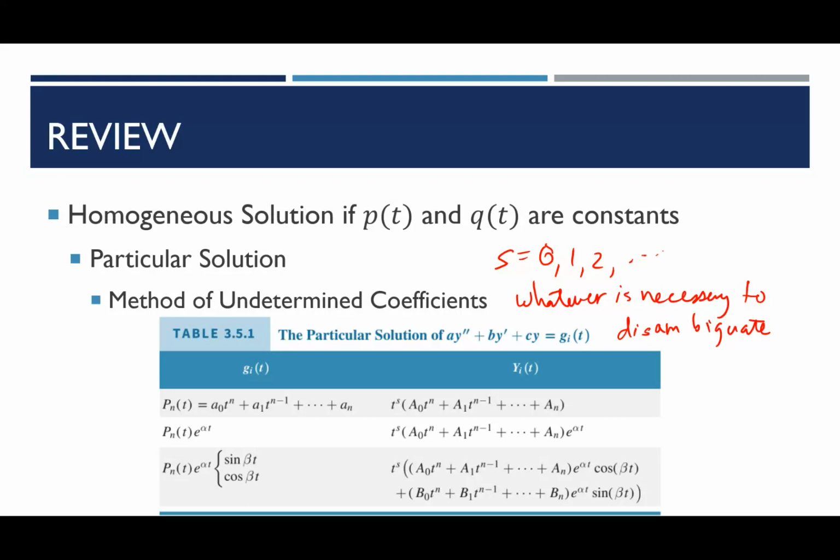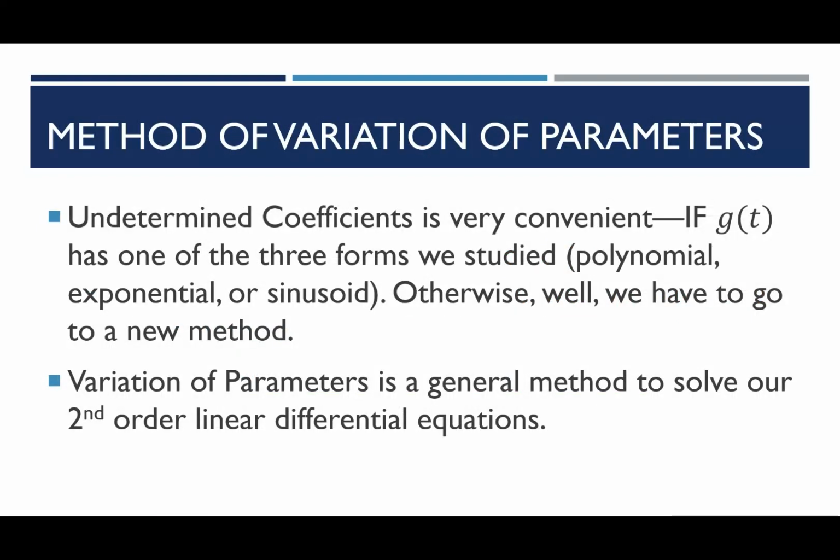That's pretty simple, but it doesn't cover every case. It only covered 3 cases, right? Polynomials, exponentials, and sinusoids. So for everything else, that's not going to work. And so if that doesn't work, then we have to go to the variation of parameters to solve other problems.